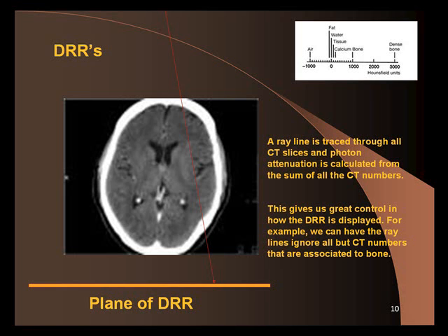And remember that these slices have already been acquired, and all these grayscales represent attenuation. So this is bone. As it's drawing, you can't really see this line, but this is the ray line that it's drawing. And it knows that there's bone here, this is soft tissue, there might be some air or some fluid here. And so it adds up all the attenuation coefficients, all the mu's, and puts an average mu right here in this pixel.